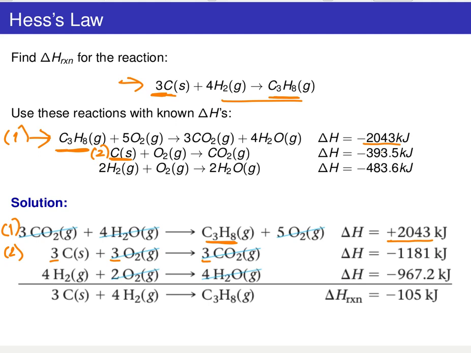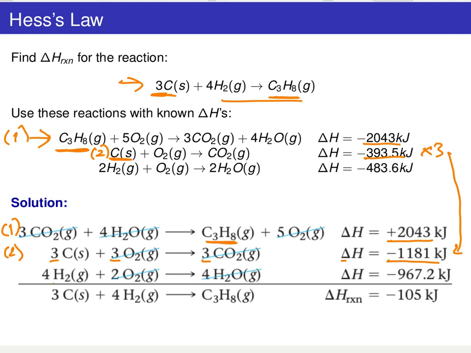And so, of course, if we multiply every coefficient in the chemical reaction equation by 3, the thermochemical reaction equation, correctly represented, must have a delta H that is also multiplied by 3. So we're going to multiply this by 3, bring it down there. That's rule number 1 up there on the previous slides.